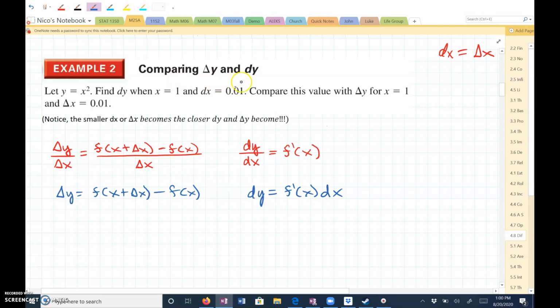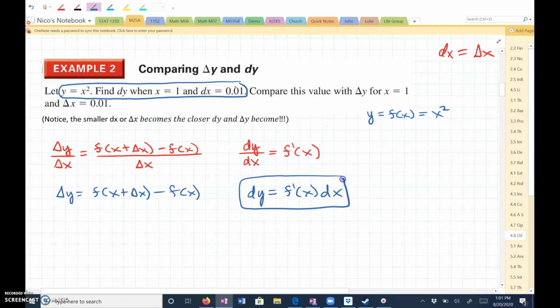So first of all, they tell us let y, and I'll call that f of x, equal x squared. They want us to find dy. Okay, so we're going to use this guy to find dy.